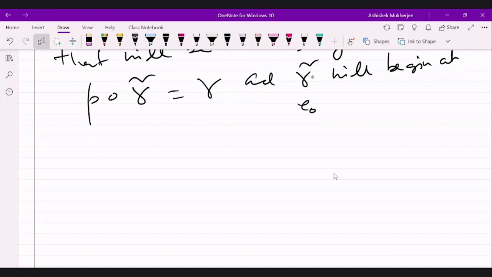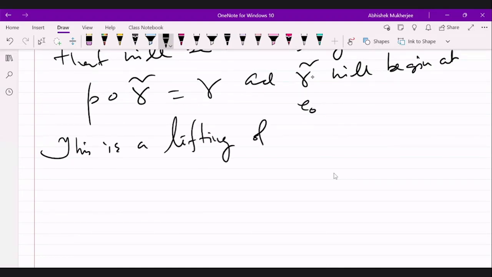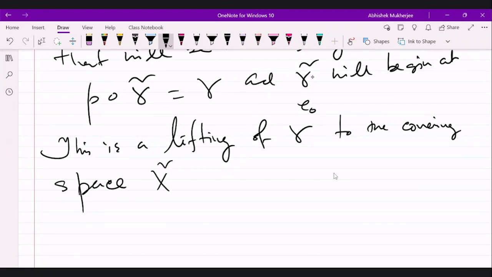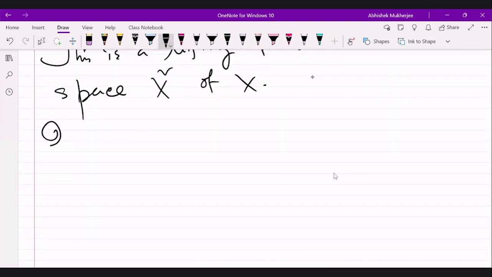So that gives you a lifting. So this is a lifting of gamma to the covering space X tilde of X. Now, is it unique?